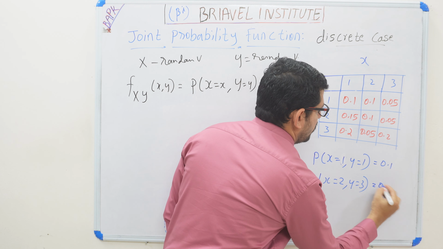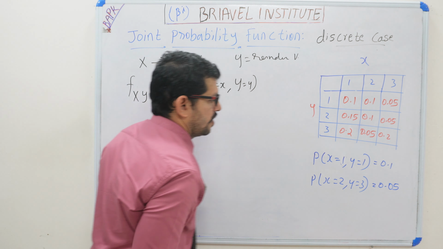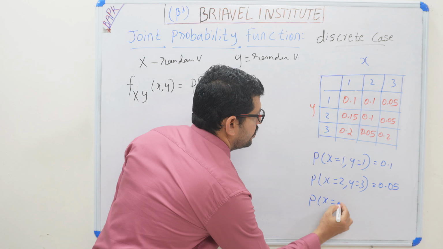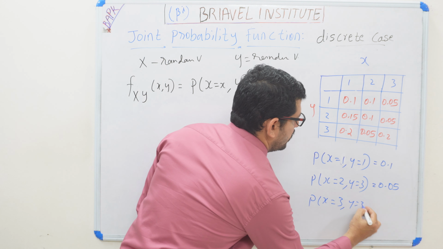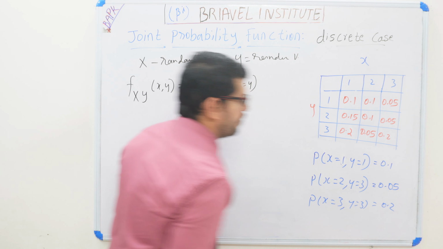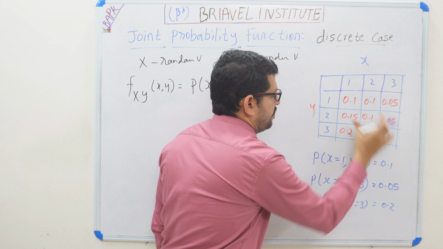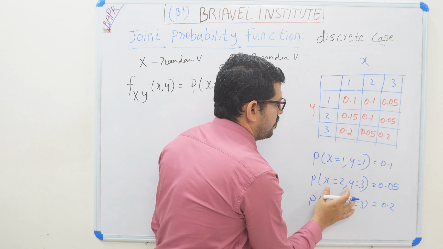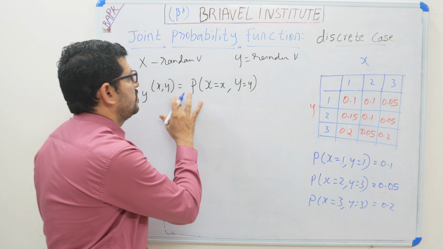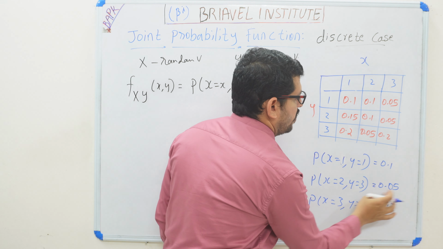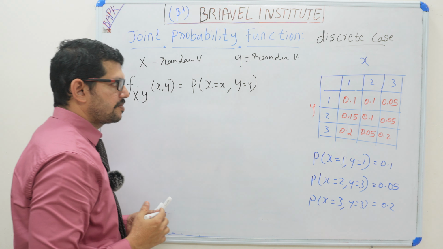So this is equal to 0.05. And what is the probability of x is equal to 3 and y is equal to 3? So this is equal to 0.2. So we know how to write from the chart. We have taken x is equal to 2, comma y is equal to 3. We represent it as a joint probability. So this is 0.1, 0.05, 0.2.